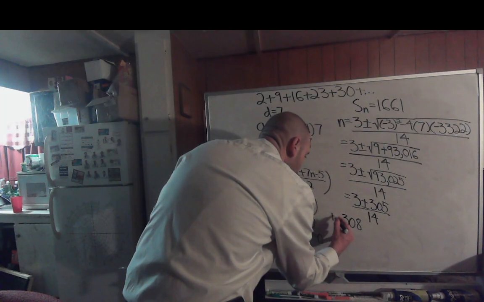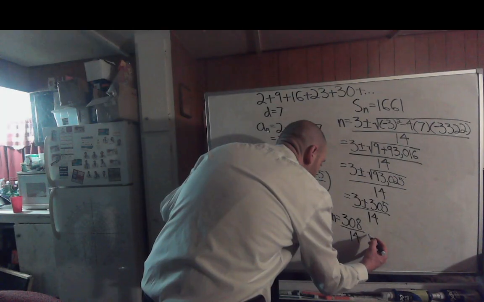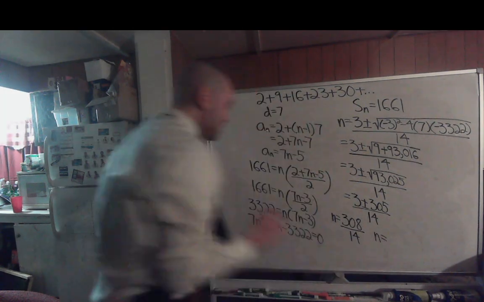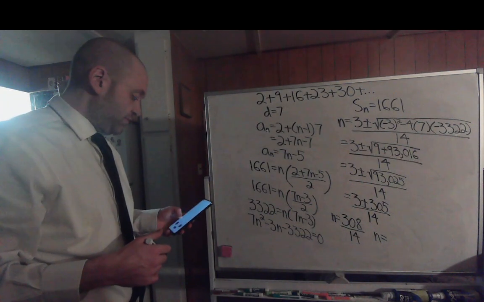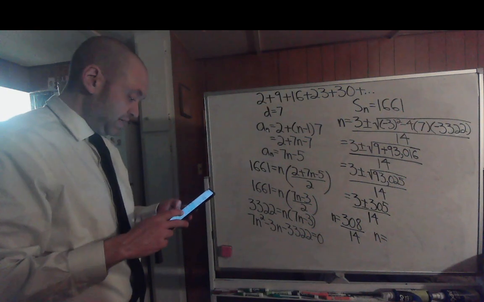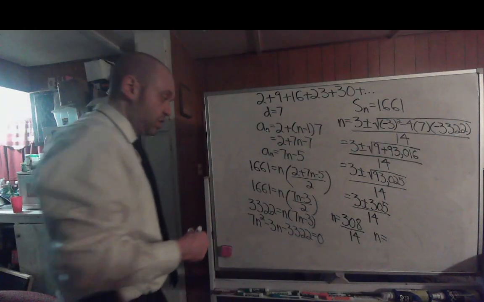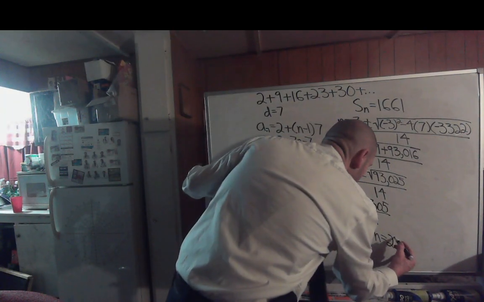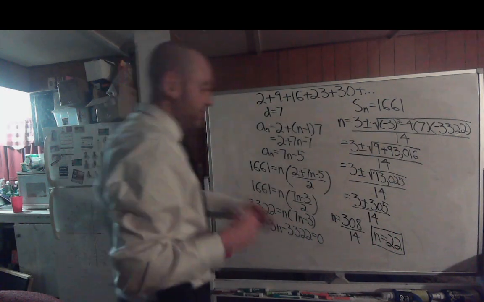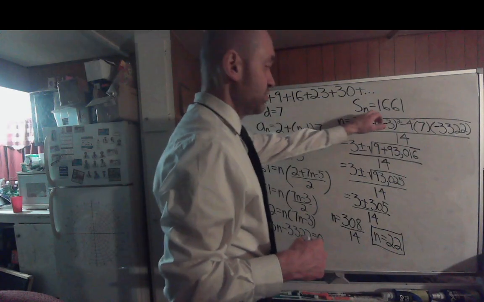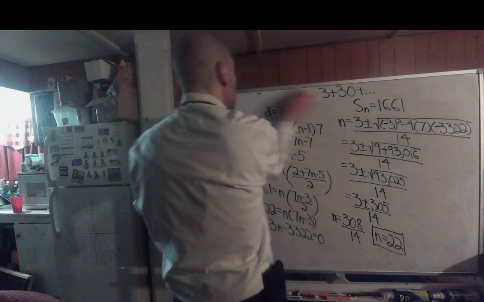That means n equals 308 over 14. So the term we seek, once we find 308 divided by 14, we have the number of terms we need. 22. So that means the n is 22, so the sum of the first 22 terms equals 1,661. And I got one more, then we're done.